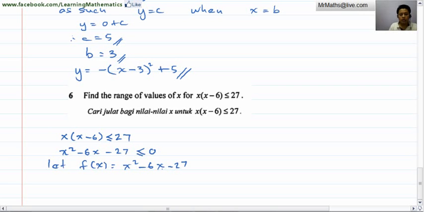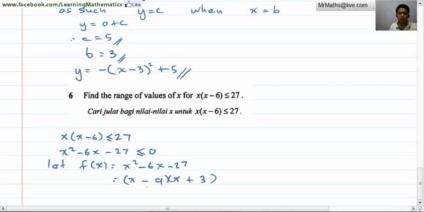Then we can factorize this equation, which is x, and what times what becomes 27, and the difference should also be 6, so I guess it's going to be 9 and 3. This should be minus 9, this should be positive 3. Let's try it out. x with x is x squared, and then x with 3x, and then minus 9x, that will become minus 6x, and then minus 9 multiplied with 3 becomes minus 27.